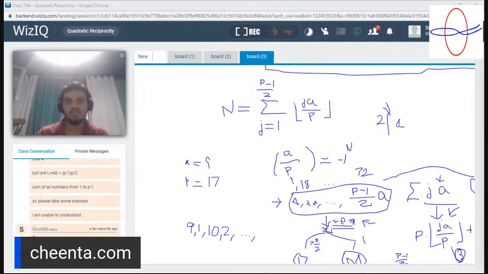So yeah, 4. So these are all the remainders of all of these numbers mod 17. You get that? Let me just actually write it all down.